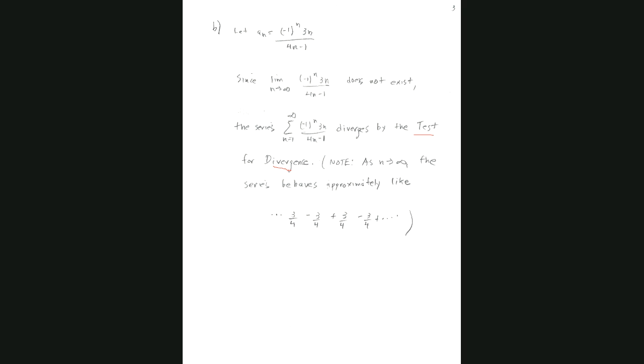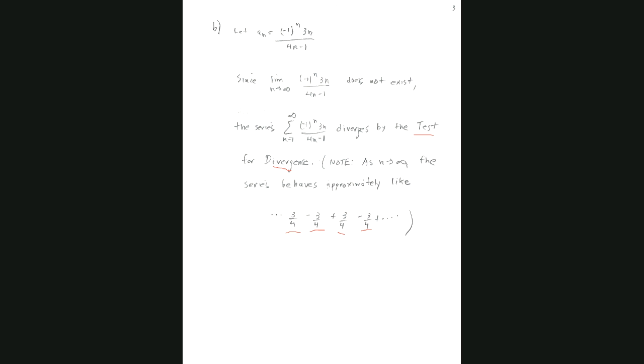But intuitively, what's going on is the series, as n gets large, the terms of the series act like 3/4 plus -3/4 plus 3/4 plus -3/4, and so on. The series cannot converge. Students always like, I understand you want to know by what test this is true.